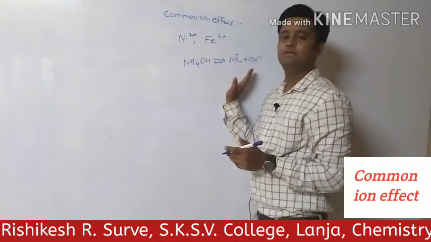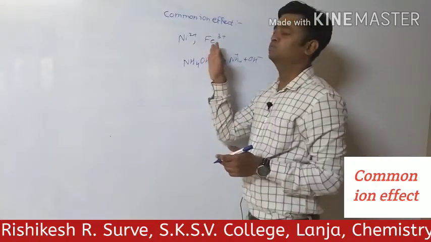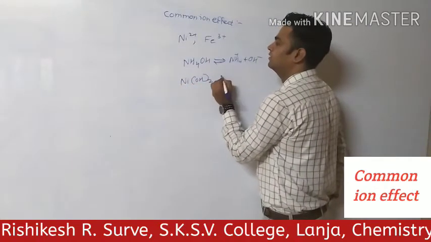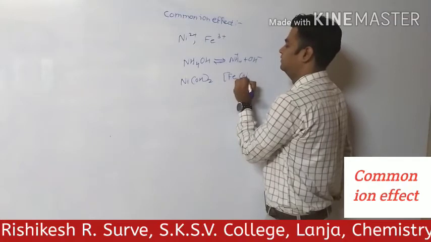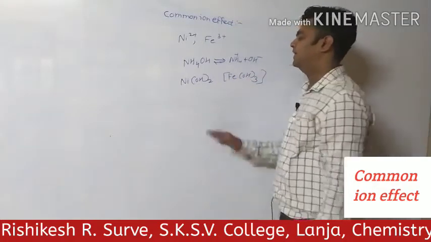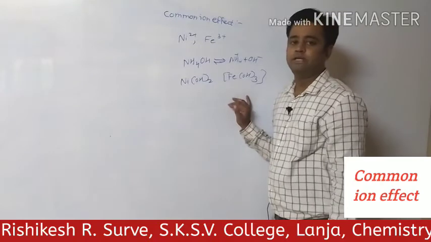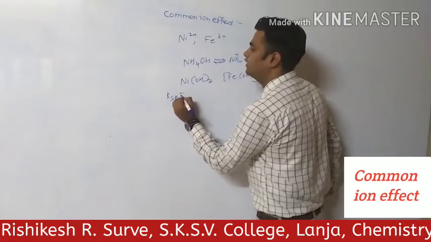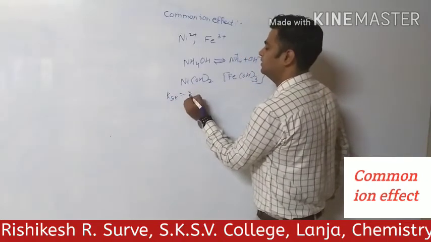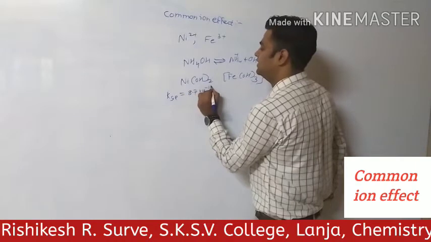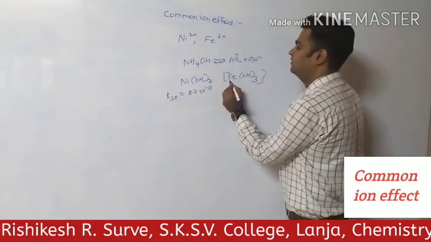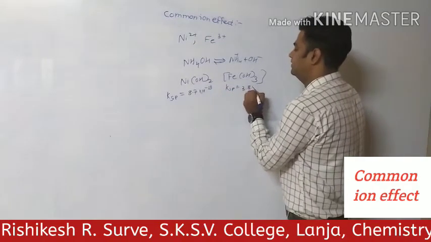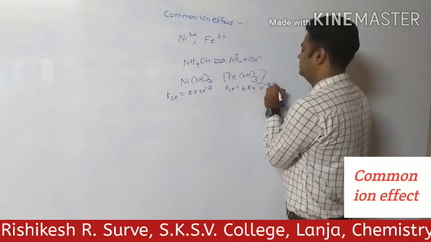This OH minus will react with both of these two, producing a precipitate of nickel hydroxide and ferric hydroxide, because the Ksp value of nickel hydroxide is 8.7 into 10 raised to minus 19, whereas the Ksp value of ferric hydroxide is 3.8 into 10 raised to minus 38.